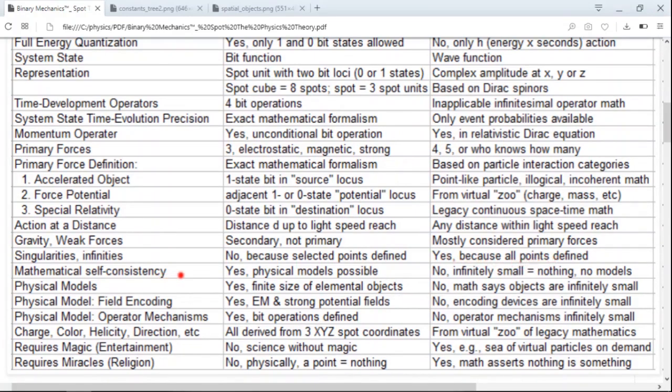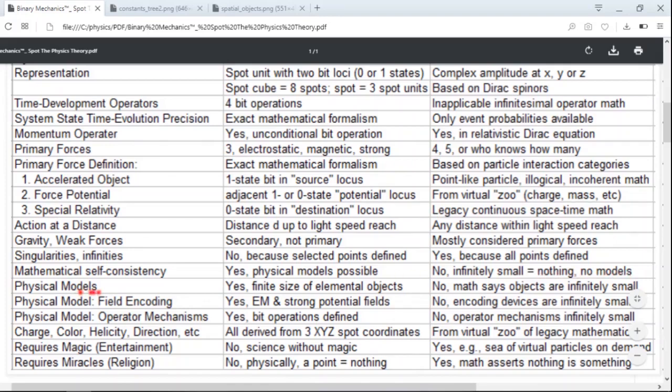Mathematical self-consistency, yes, and that means that physical models are possible. Whereas in legacy theory, things are infinitely small because they're attempting to model all points, and infinitely small things are nothing, so there are no physical models possible. So yes, we have finite-sized objects and physical models are possible, whereas in legacy physics, the math says that objects are infinitely small, so you can't have physical models.